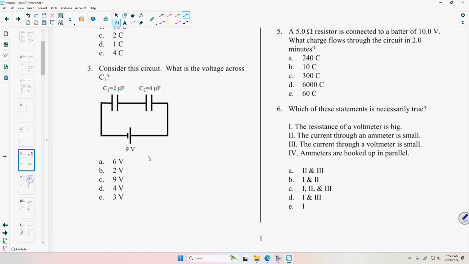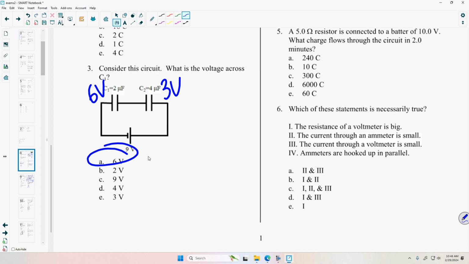Well, I don't have that many numbers that add up to 9, right? 8 and 1, 7 and 2, 6 and 3, right? 6 and 3 add up to 9. And so now I need to figure out which one gets 6 and which one gets 3. What does this one get? This one gets 6. The small capacitor gets the big voltage. So I have 6 volts here and 3 volts here. So the answer then is 6 volts. Okay?